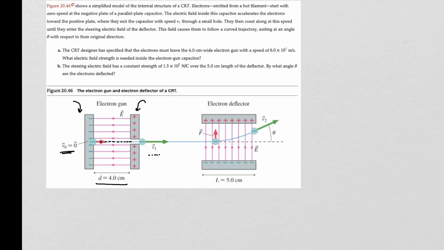Then we would construct the same type of thing, two plates with another electric field between them. We would flip the entire system so that it went like this, and the electron would again be attracted towards the top plate and thus deflect its path. So we had the gun piece and the deflector piece.